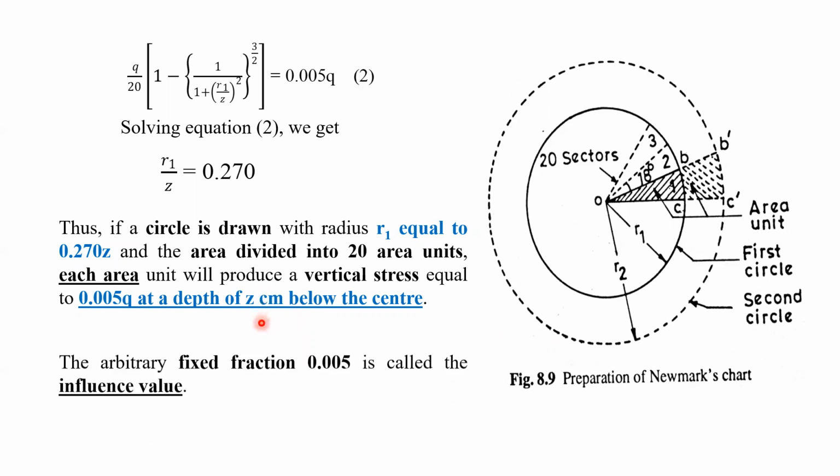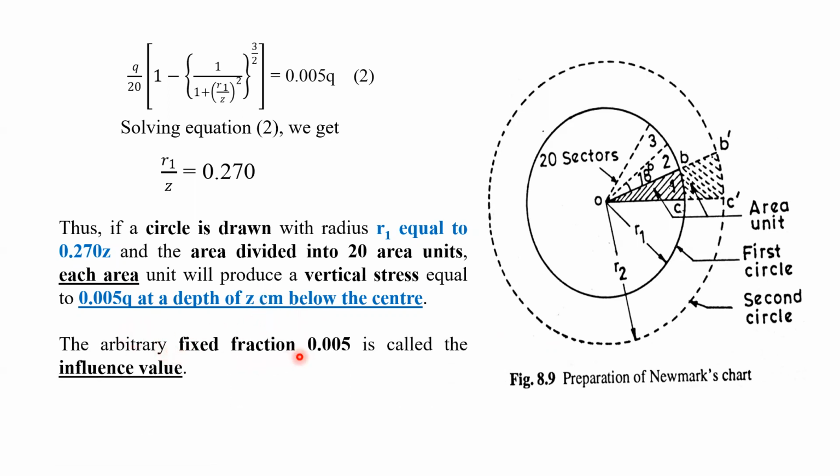So the arbitrary fixed fraction 0.005 is called the influence value.